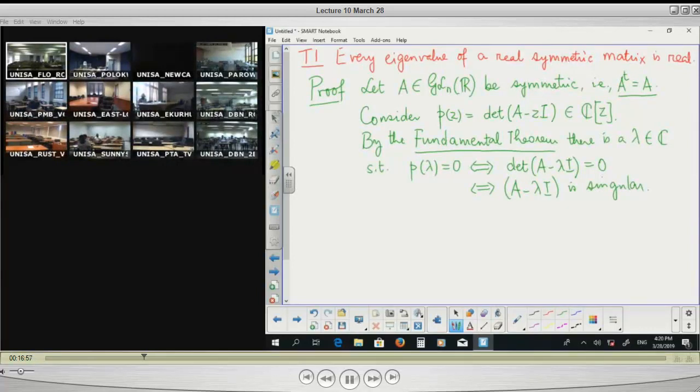So this means that if I consider this equation, but now this Z is in Cn, it has a non-trivial solution.